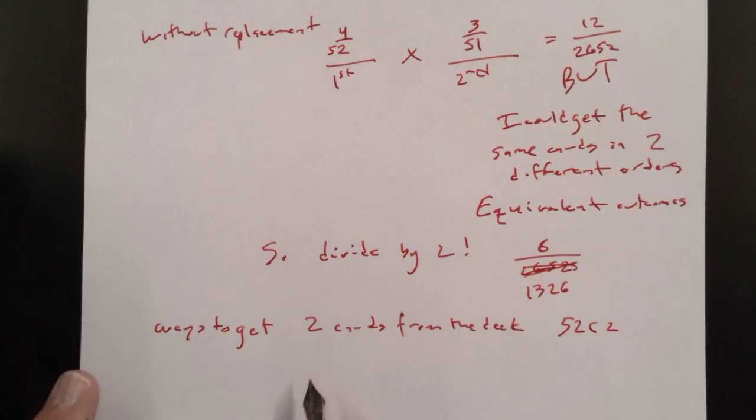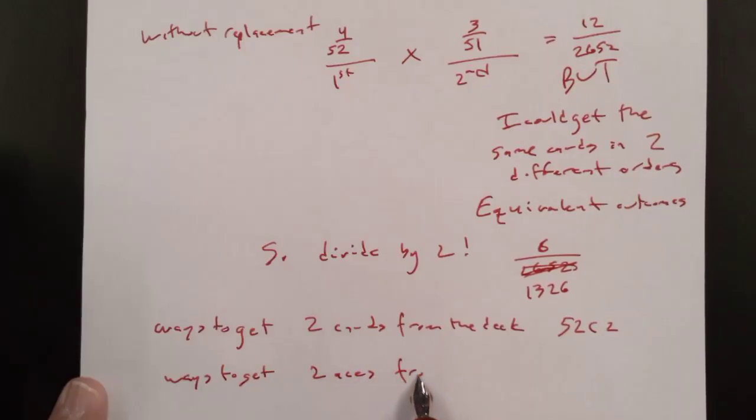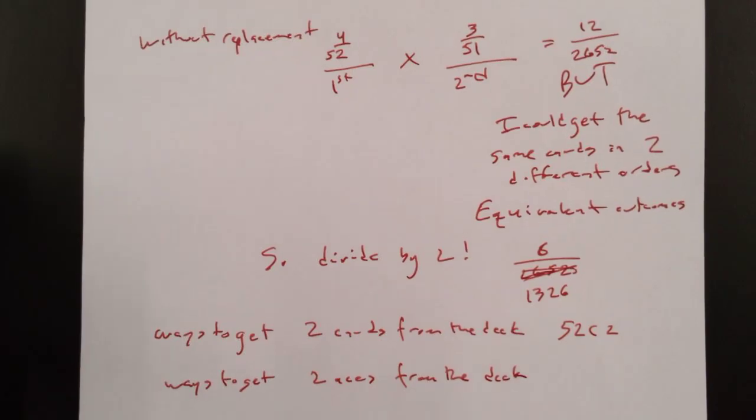Now, how many aces are there? There are only 4. How many ways can I get 2 of those 4 aces?